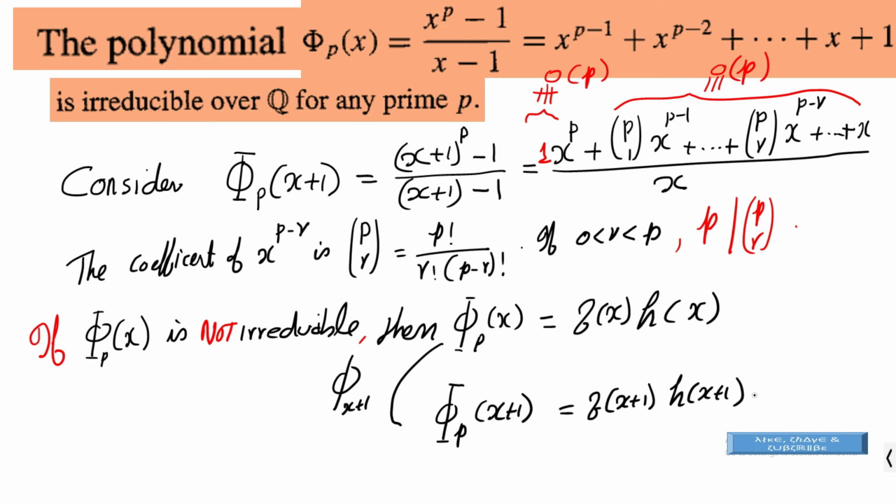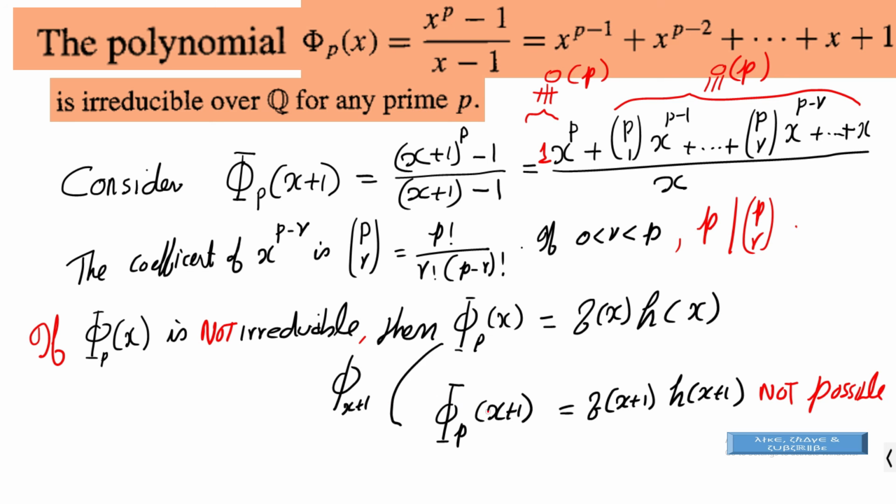But this expression is not possible, since it shows that capital phi p of x plus 1 is a product of two polynomials whose degrees are less than that of capital phi p of x plus 1, and that is not possible since capital phi p of x plus 1 is irreducible, since it satisfies the Eisenstein criterion.